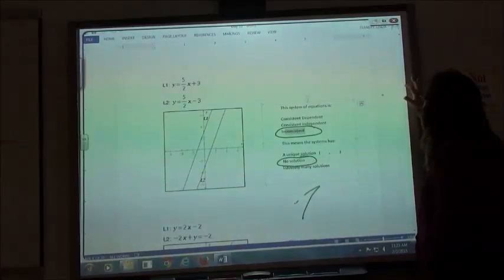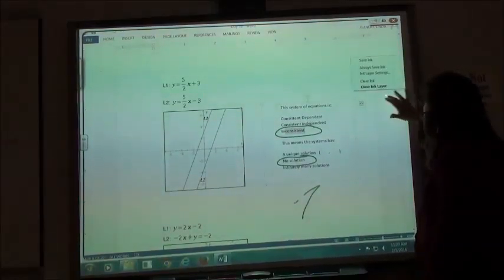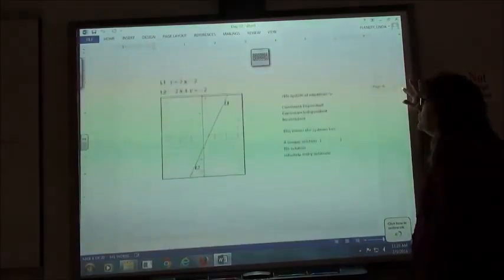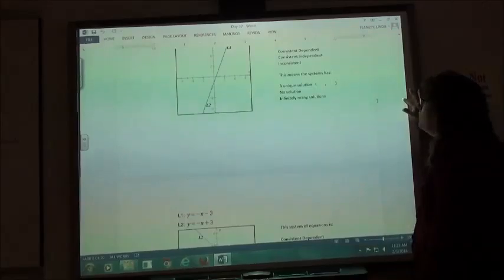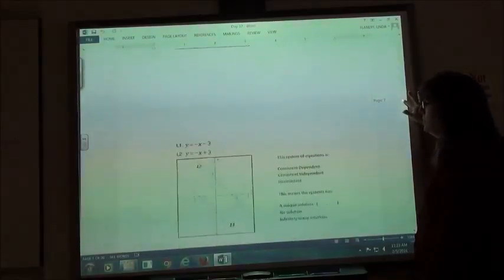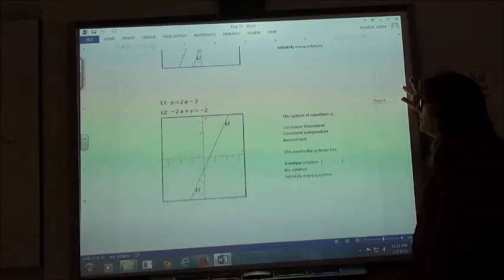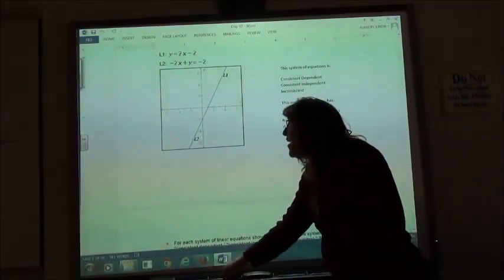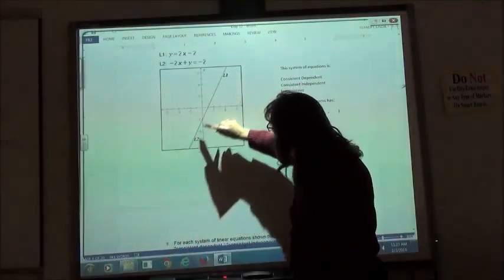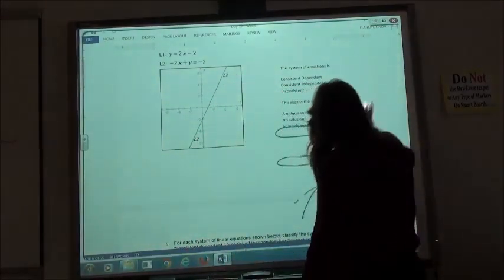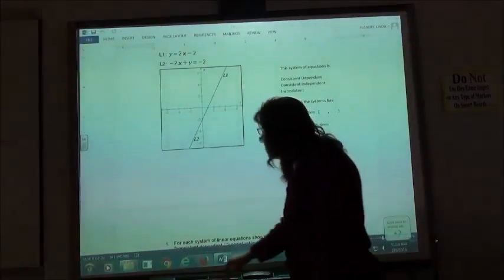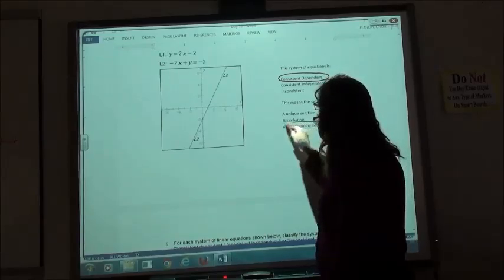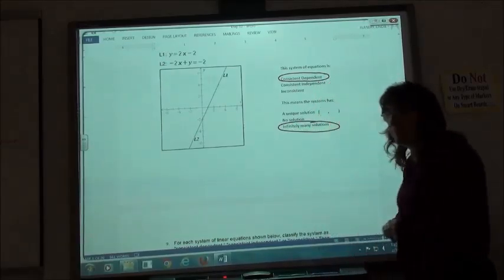The third one on this one is the one where I have line 1 right on top of line 2. If line 1 is on top of line 2, they're actually the same line. Those are consistent dependent and have infinitely many solutions.